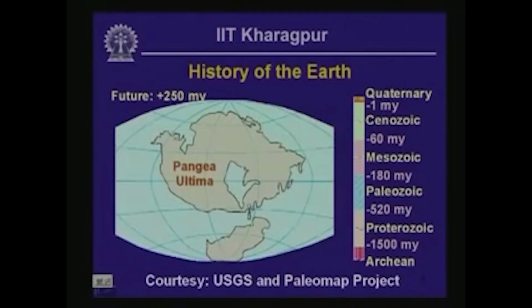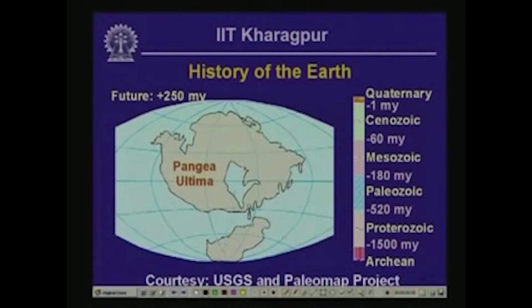Then we look at 250 million years from now, when a supercontinent will again form, and this particular supercontinent is given the name Pangaea Ultima. What you see here is that the Atlantic Ocean has closed, and the remnant of the Indian Ocean is just like an inland sea at this point in time.